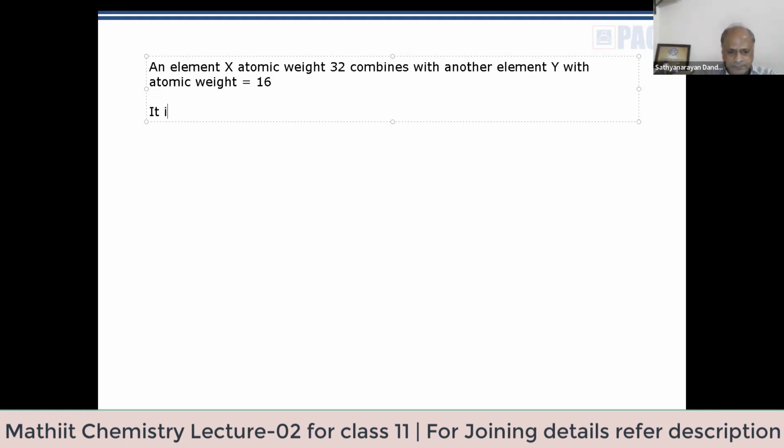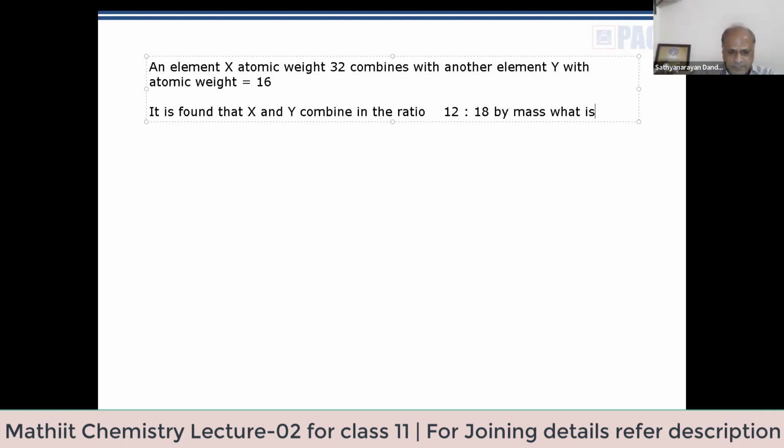It is found that X and Y combined in the ratio 12:18 by mass.